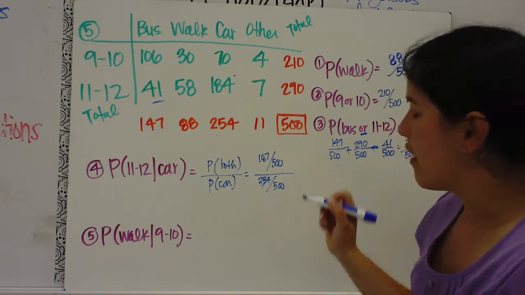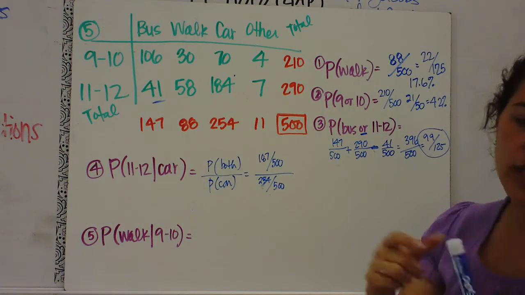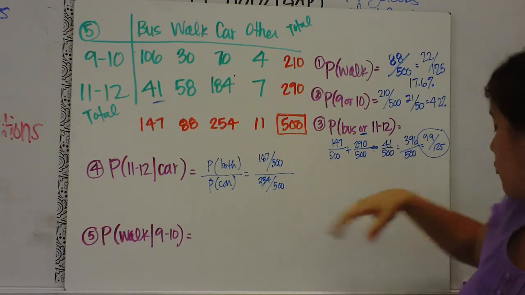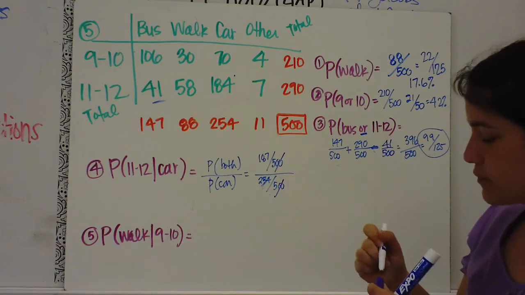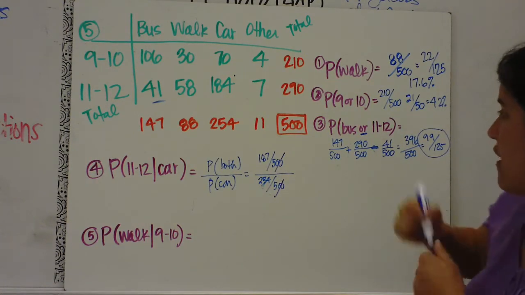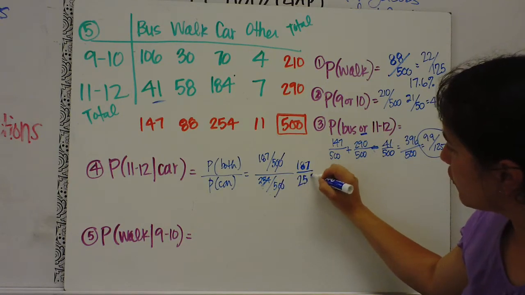And then I told you before, just a little trick: when you copy, switch, and flip, you are able to cancel these out. And then you would get 187 over 254.